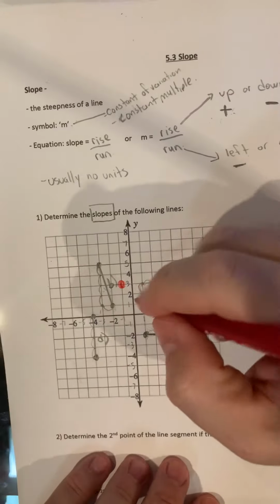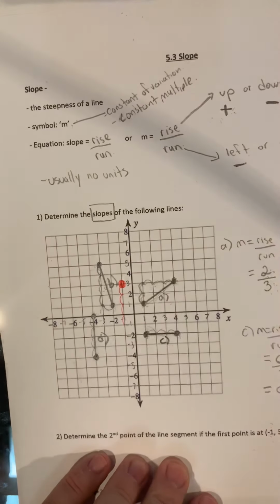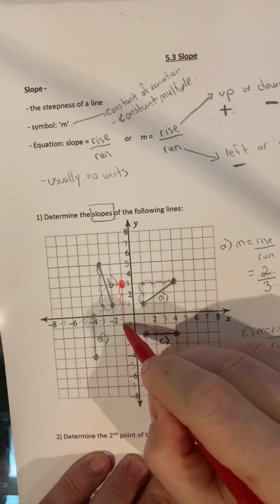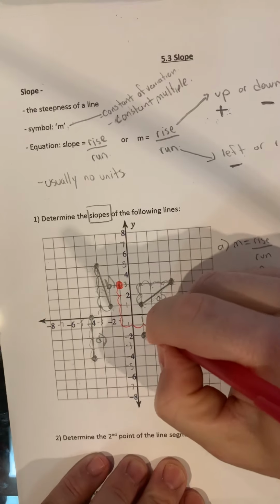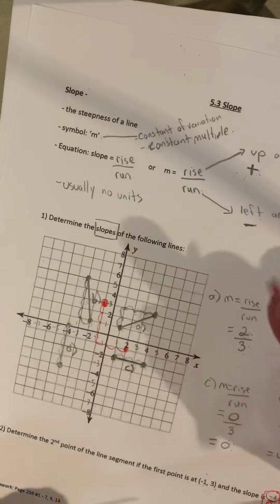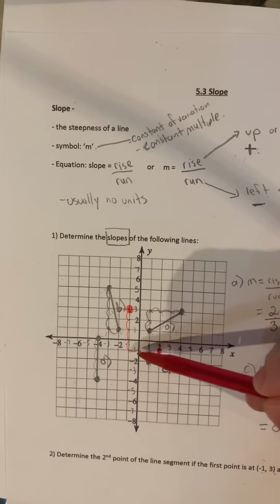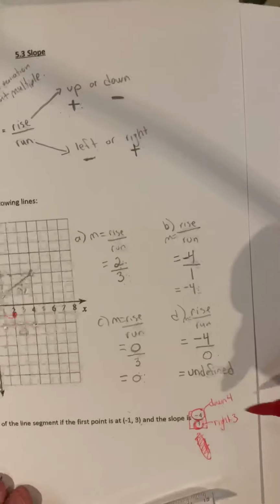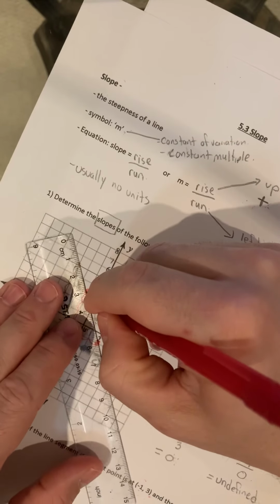So from here, 1, 2, 3, 4 units down, and 1, 2, 3 to the right. So there is our second point. And now we have our line here.